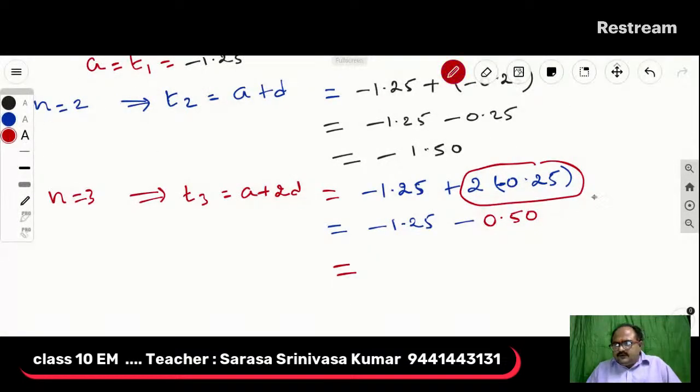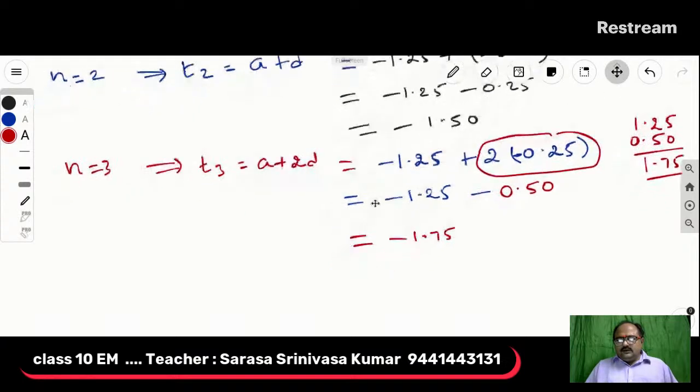Here we do this calculation: 1.25, 0.50. We add these two, we get 1.75. So we write here minus 1.75. This is T3.